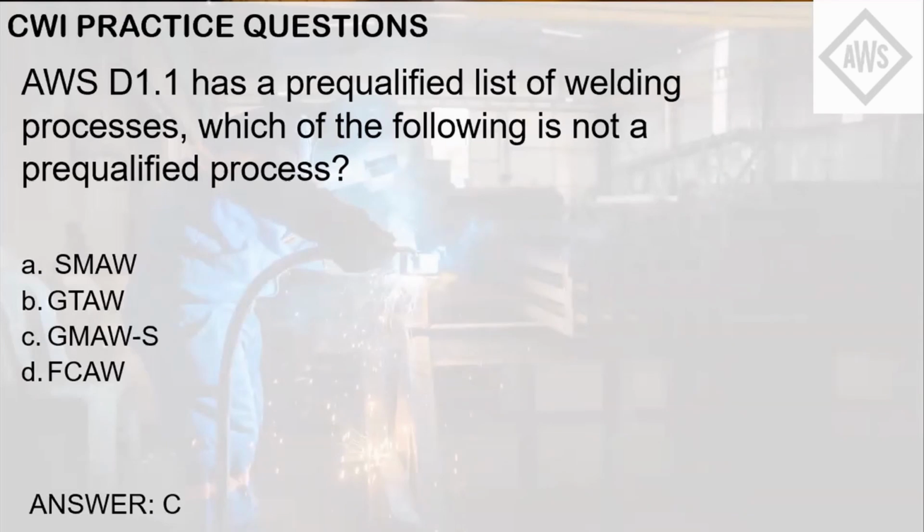So the AWS D1.1 code specifies that you need to qualify it with a procedure qualification record, or you have to test a coupon in order for the welding process to be qualified. If you don't have that test document proof, this welding process will not be qualified.